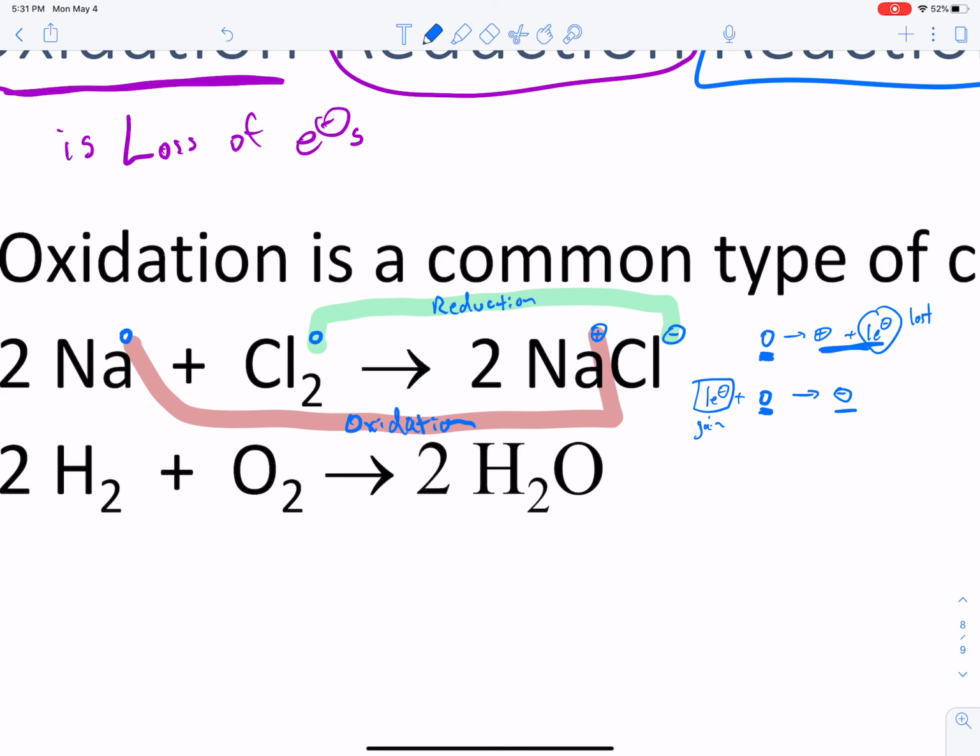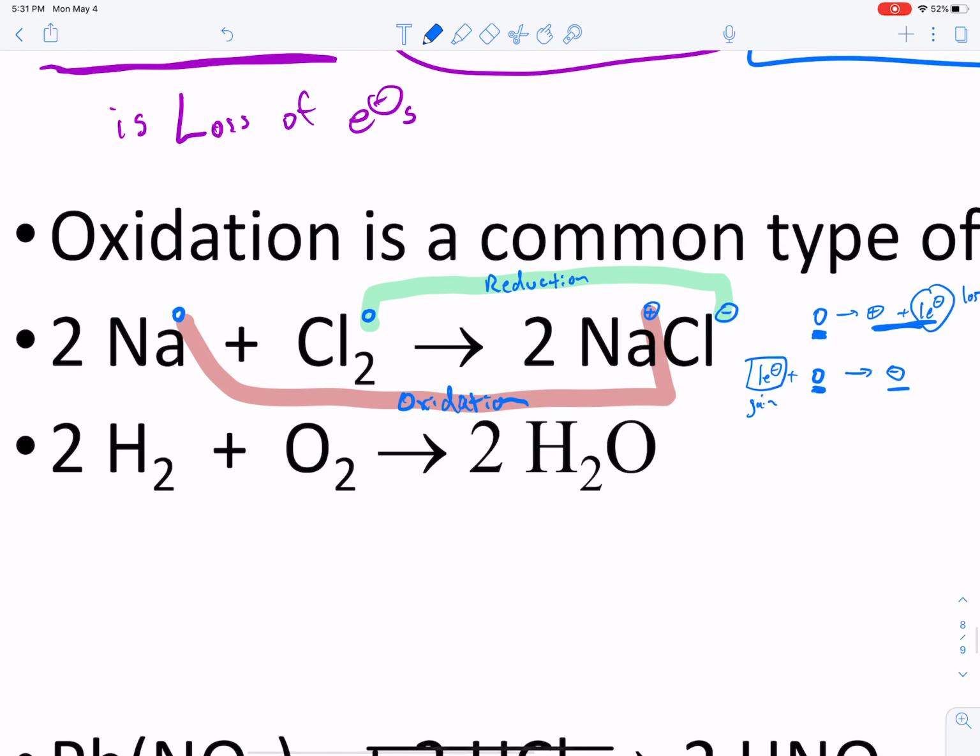We can do the same thing with H2O2 going to H2O. We have a 0 here and a 0 here. We get a plus 1 for H and we get a 2 minus for oxygen. Oxidation occurs where? Well, let's see. Oxidation happens when you go from positive to negative.